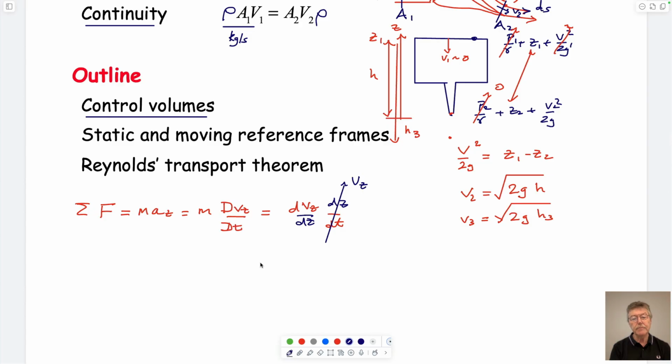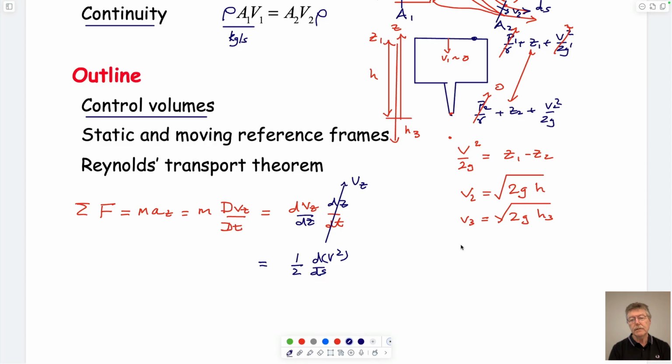And we said last time that this is equal to another standard result, a half d v squared over ds. We talked about how you get from one to the other.